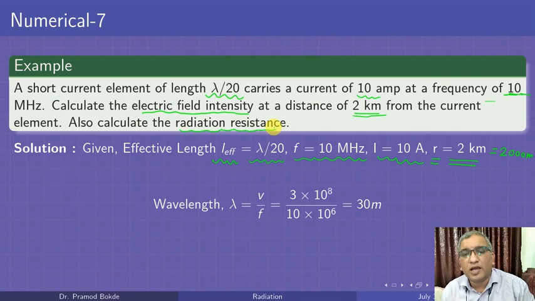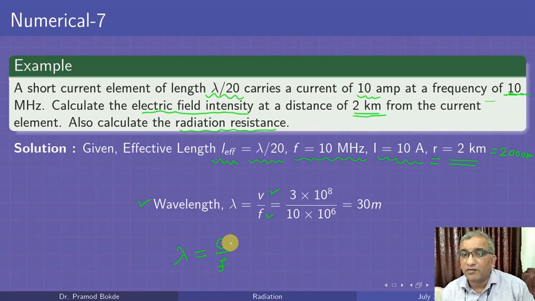Both these formulas we have seen in the previous numericals. So what I will do here, first I will calculate the wavelength, and for wavelength, as I already told you, use the formula V divided by F, and wavelength can also be represented as C divided by F, where C is nothing but the velocity of light. So why are we considering the velocity of light? Because we know that electromagnetic waves travel with the velocity of light, right?